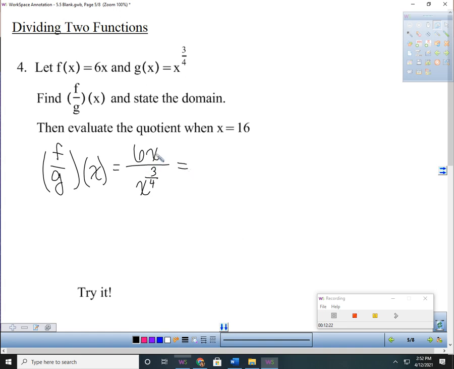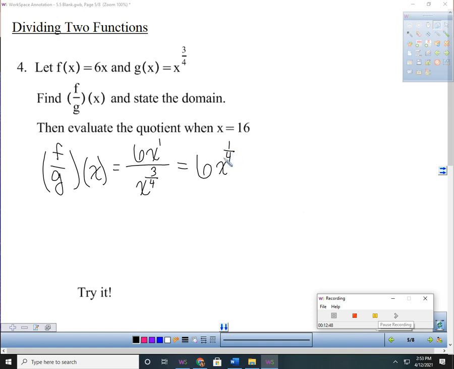So for instance, I see that I have an x to the first on top and an x to the 3/4 on bottom, so I can simplify that. I have 6 divided by 1 is 6, and then 1 minus 3/4 is 1/4. So since I had the same base there, I could subtract their exponents. And I believe your textbook leaves it this way.